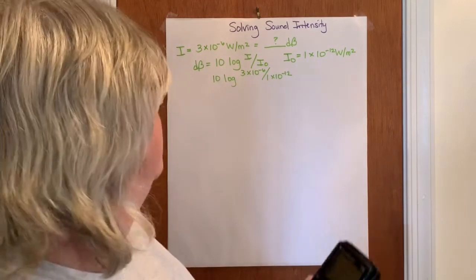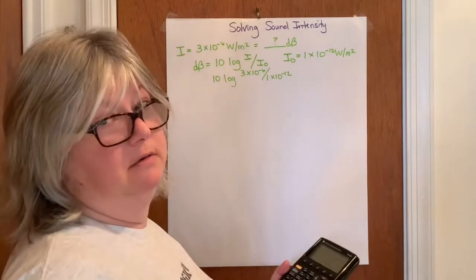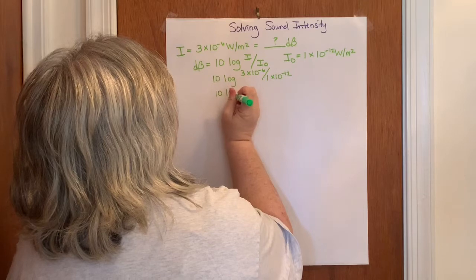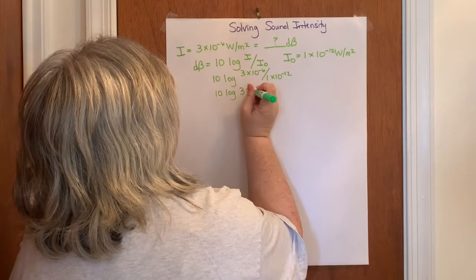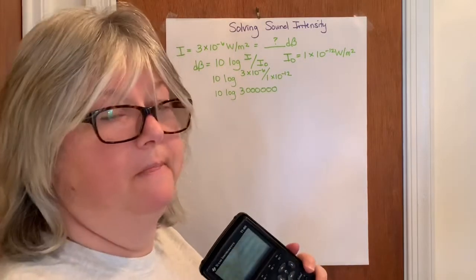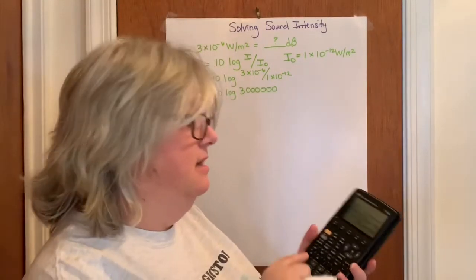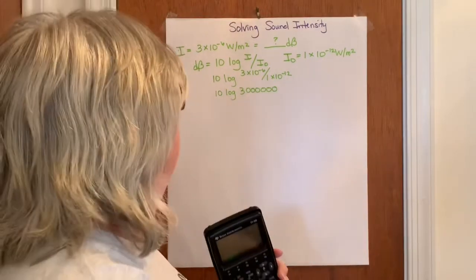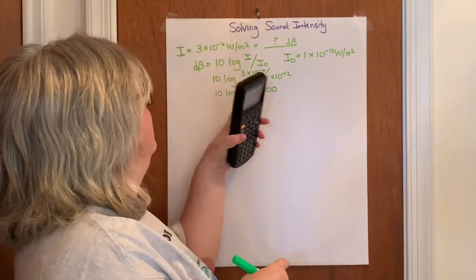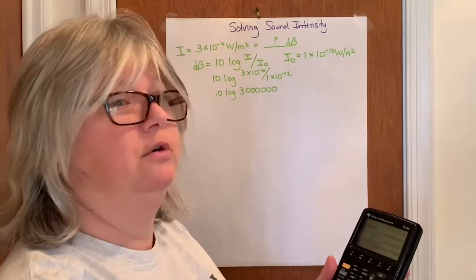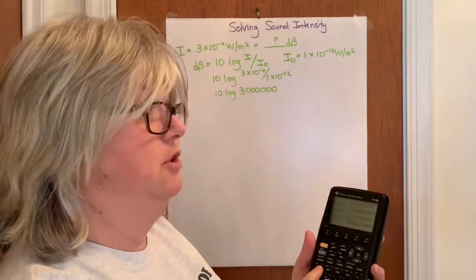I get 3 million. Now make sure you're hitting your proper exponent key in your calculator. I'm now going to take the log of 3 million.